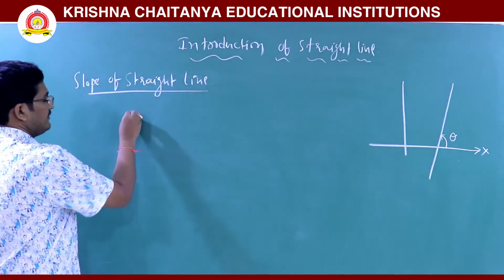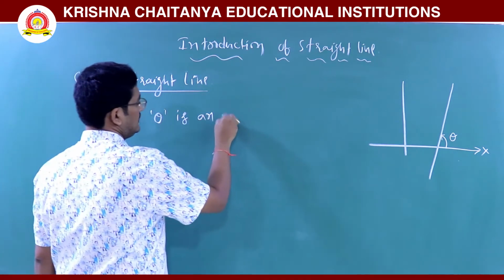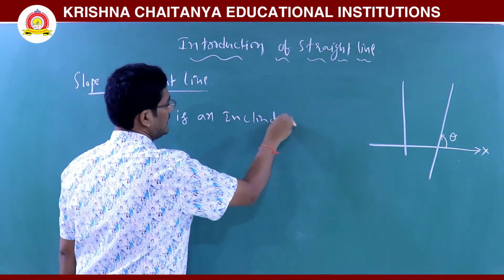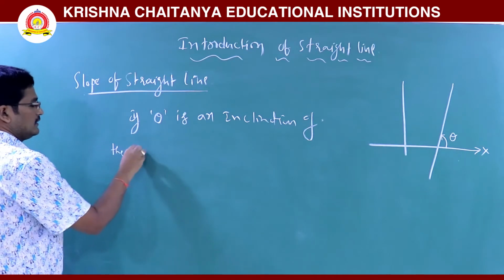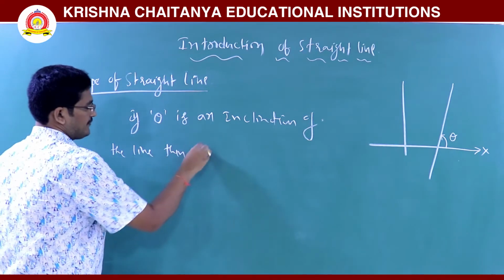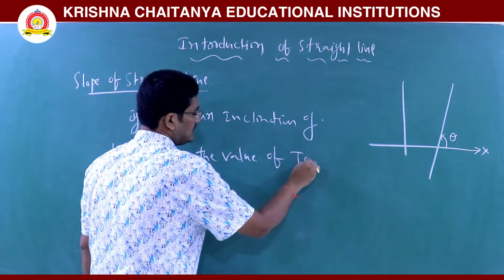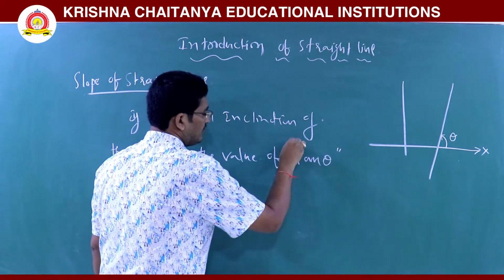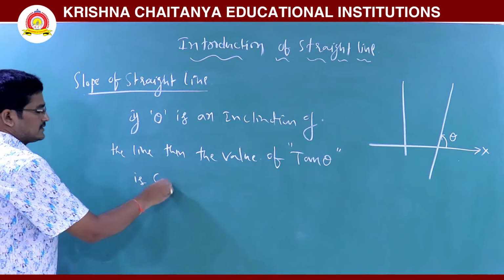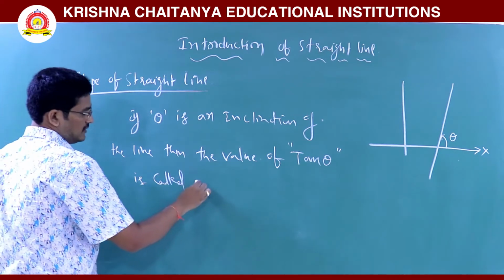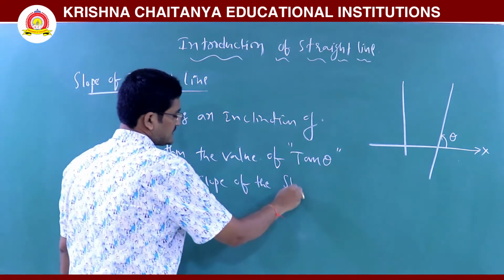That means, if theta is an inclination of the line, then the value of tan theta is called the slope of the straight line.